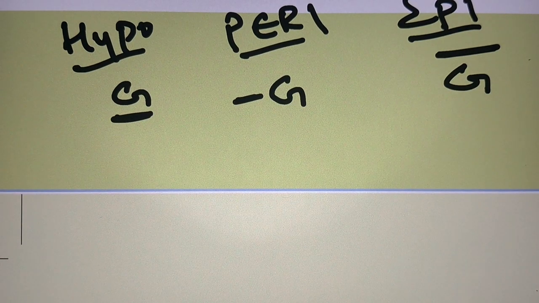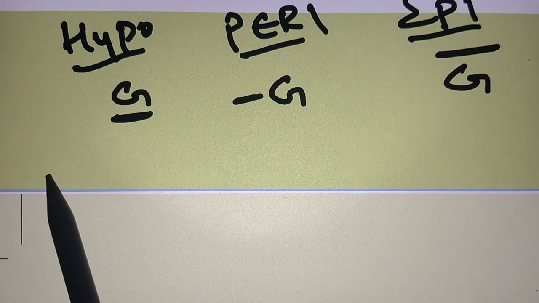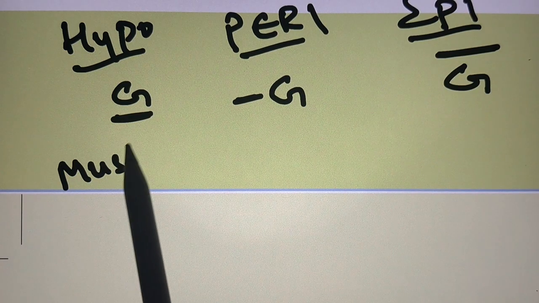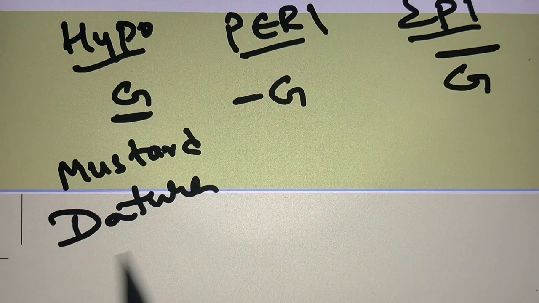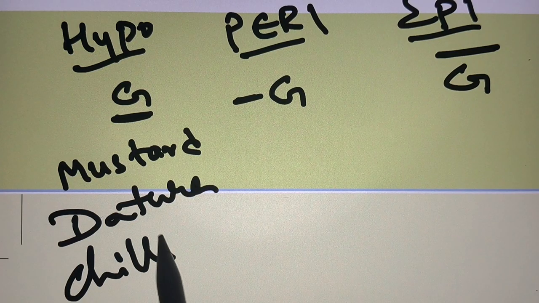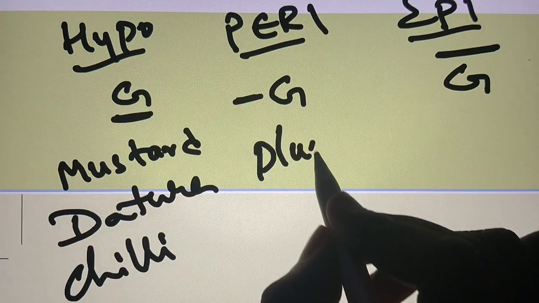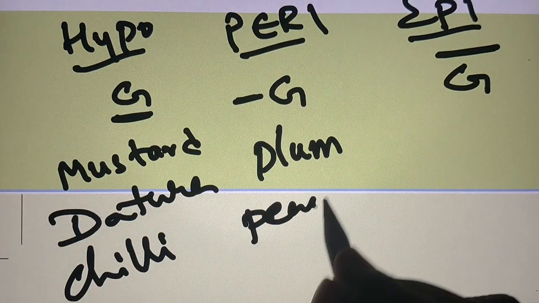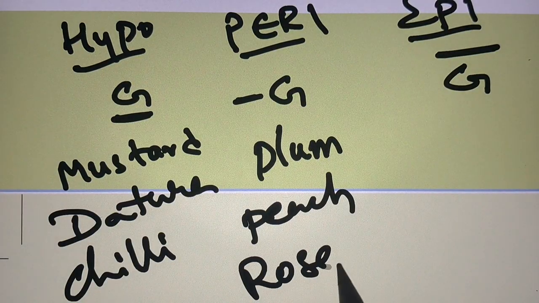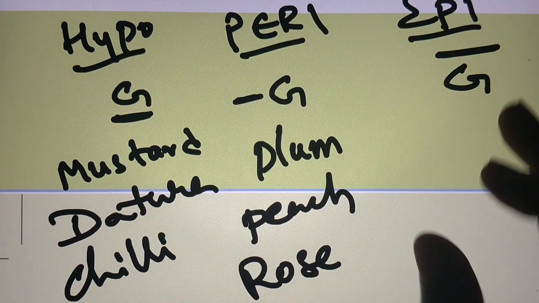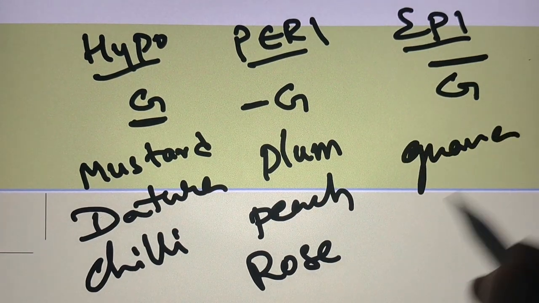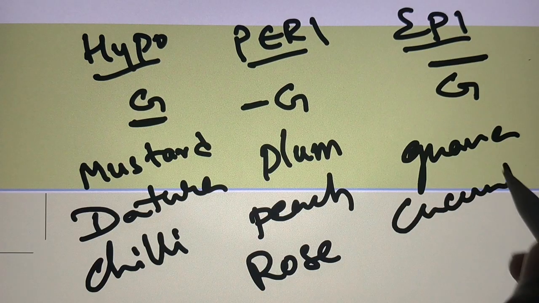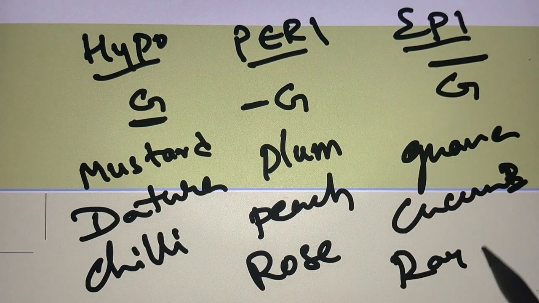The examples of hypo are mustard, datura, and chili. While perigynous examples are plum, peach, rose. While the examples of epigynous are guava, cucumber, ray florets of sunflower.